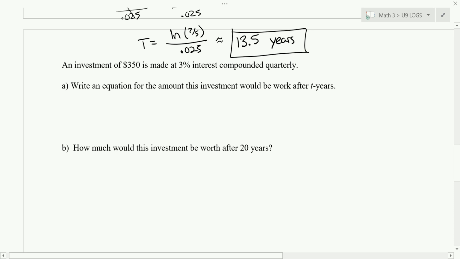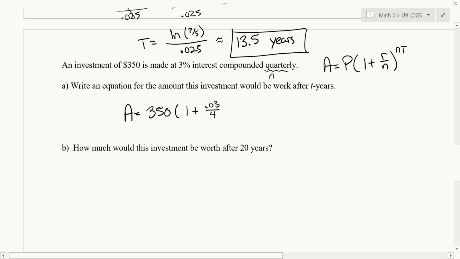Okay? And so the first one was the amount is the principal times 1 plus r over n to the power of nt. And we're going to write an equation. So A is equal to, what would I write? 350 times 1 plus 0.03 over 4.